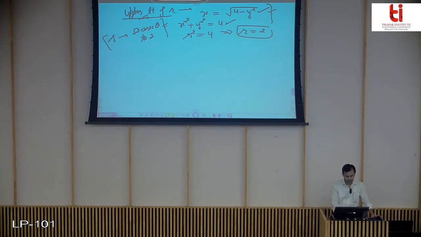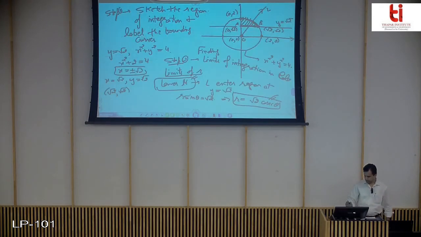Now we come to the limits of theta, and this is important. Clearly we can see the values of theta that will enclose the region are shown by these dotted lines. This is the lower value of theta from where the region starts, and this is the other theta which will be included.